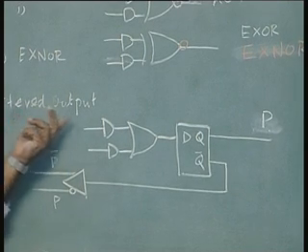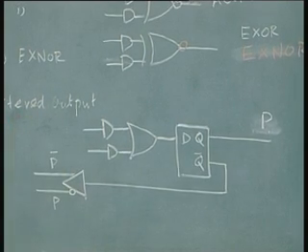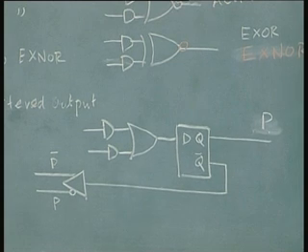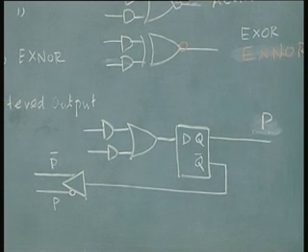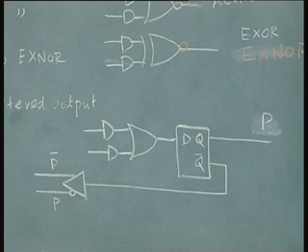It is a very popular type of output in a PAL, because we have the option of designing a system which has combinational and sequential components. As I said, any digital system which is of practical utility or a reasonable application will have both combinational and sequential parts.